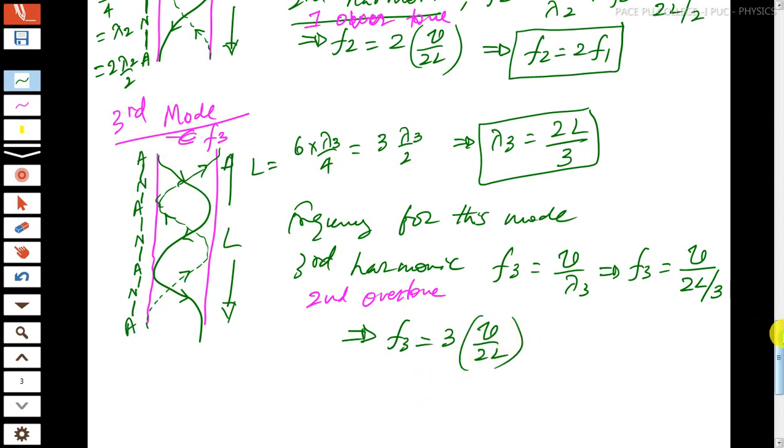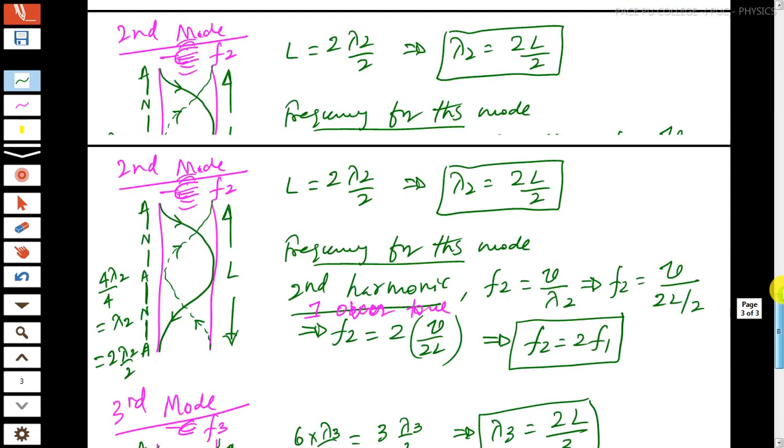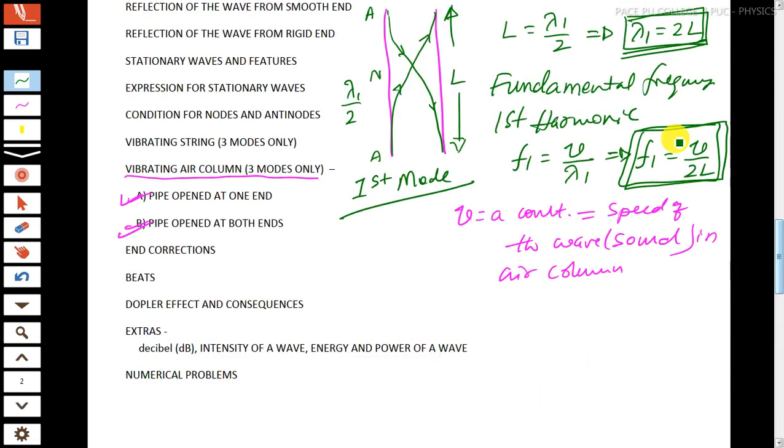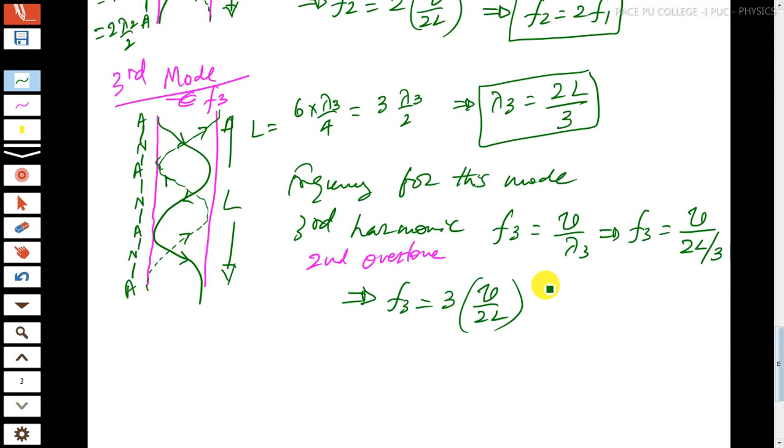This bracket is again the same, the first mode frequency. V divided by 2L is the fundamental frequency. So we write F3 equal to 3 times F1, the frequency corresponding to the third mode of vibration.